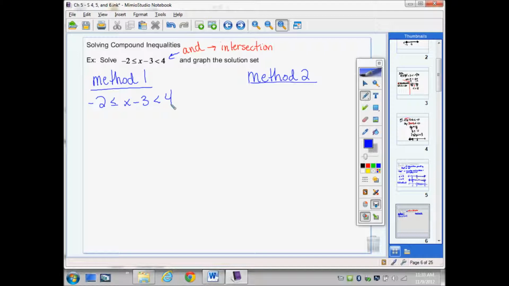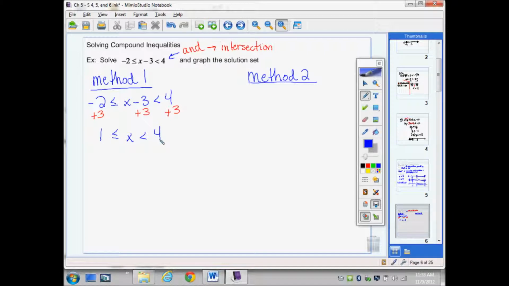So we have to add it to all 3. So when I add 3 here, I'm also going to add it here and here. So whatever I do on a compound inequality, I've got 3 sides, the right, the left, and the middle. So I have to do it to all 3 parts. So then I have 1 less than or equal to x less than 4.